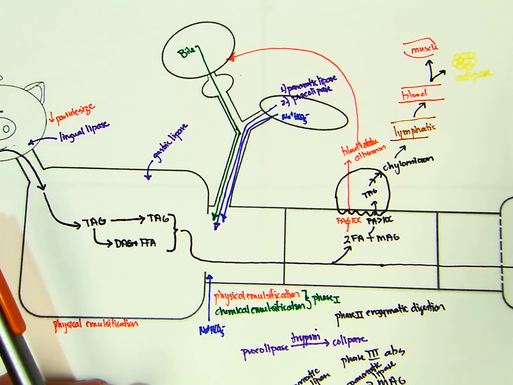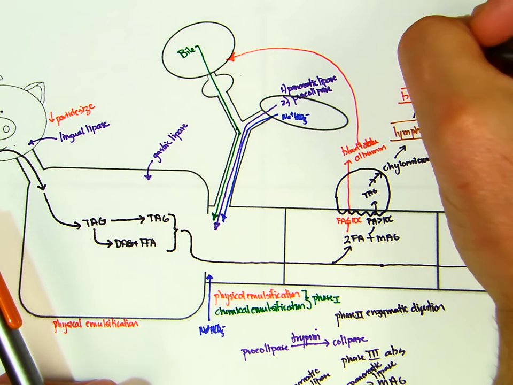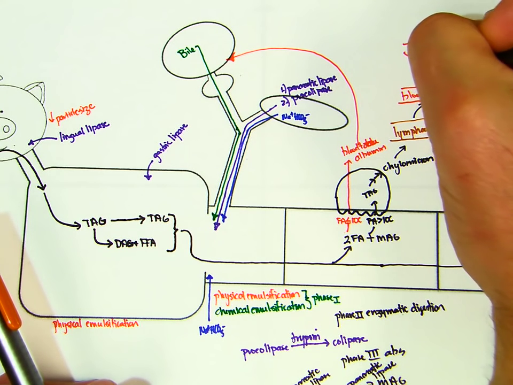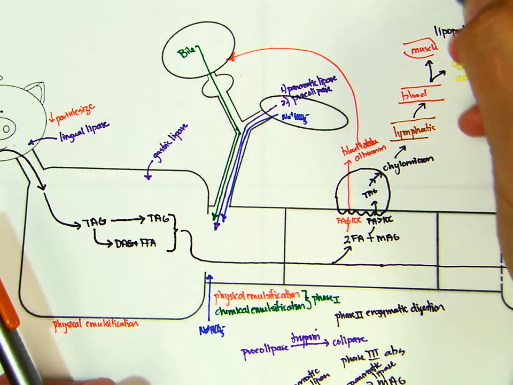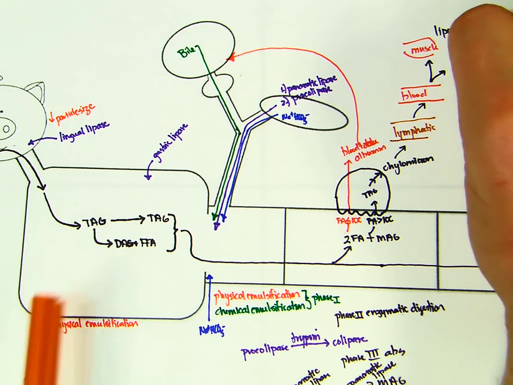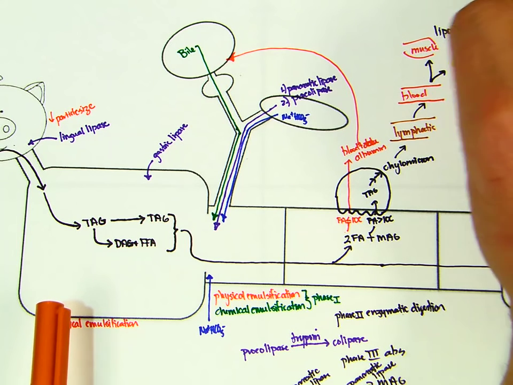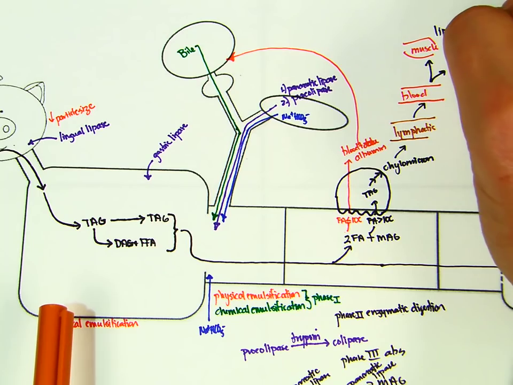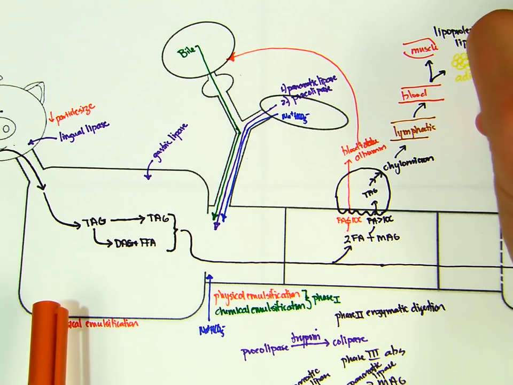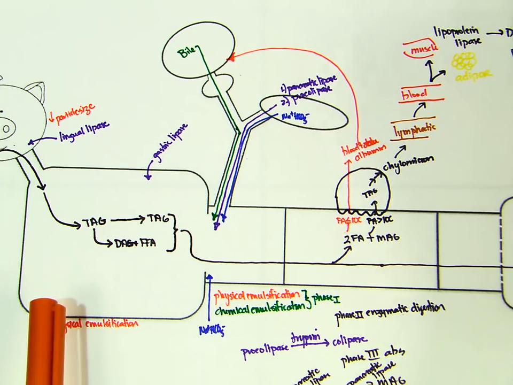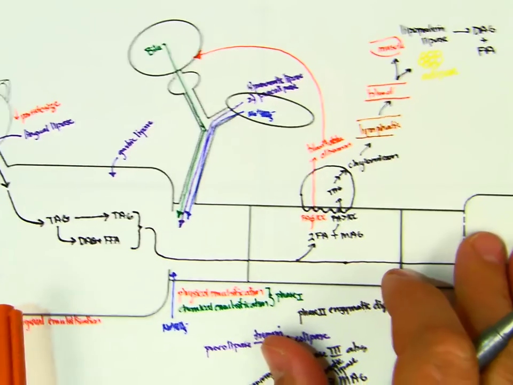And in those tissue beds is where we have lipoprotein lipase. And that lipoprotein lipase is going to find the B48 and say, hey, we can do things to you. And so it will interact with that chylomicron, and it's going to release DAG plus a fatty acid, which the adipocytes and the muscle can then absorb.